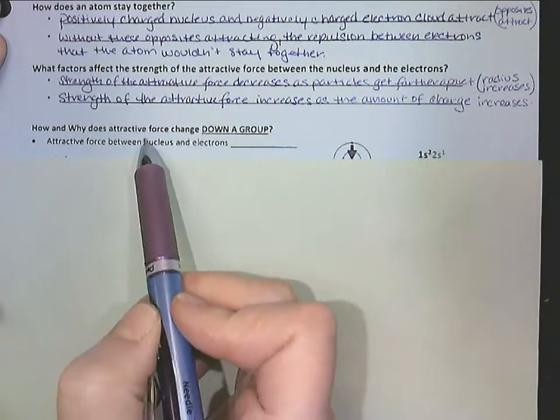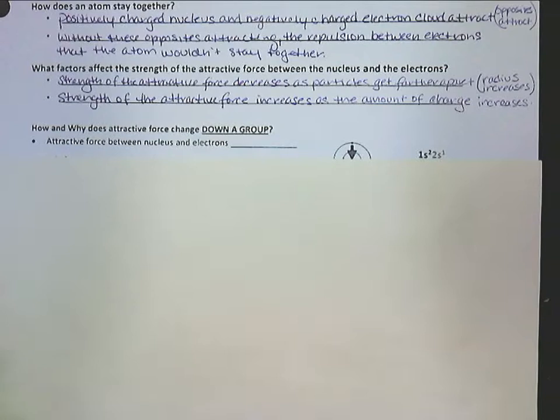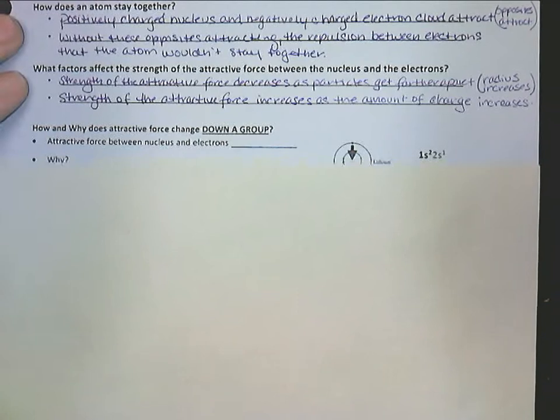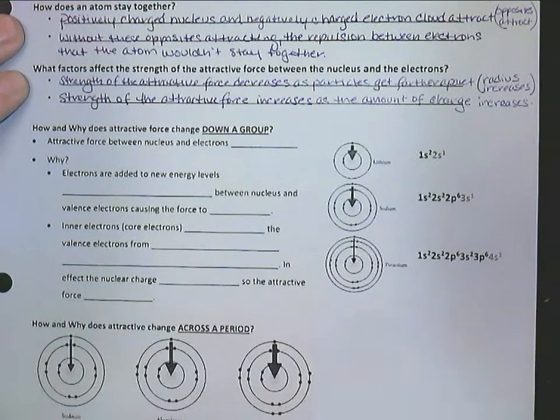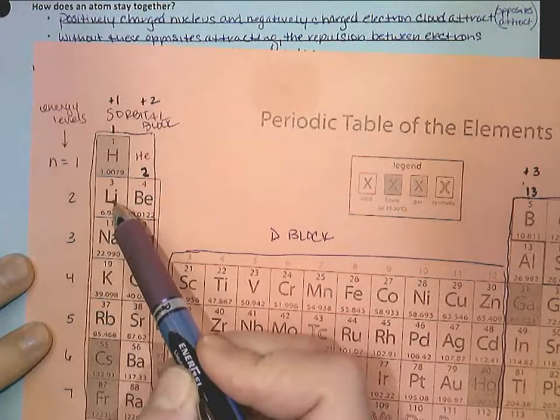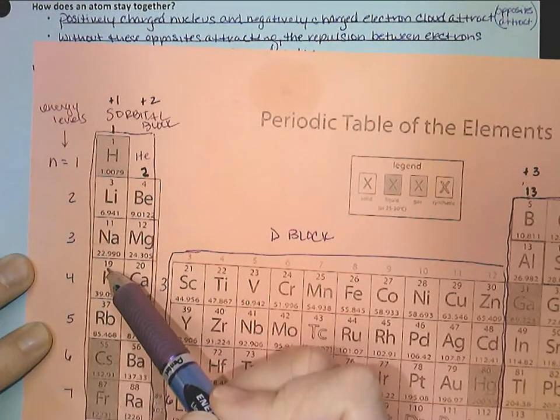So how and why does attractive force change going down a group? When we're talking about going down a group, we can think of a periodic table. We can go across a period or we can go down a group. Let's take a look at the group that we're going to go down, group 1: lithium, sodium, potassium. We're going down a group.